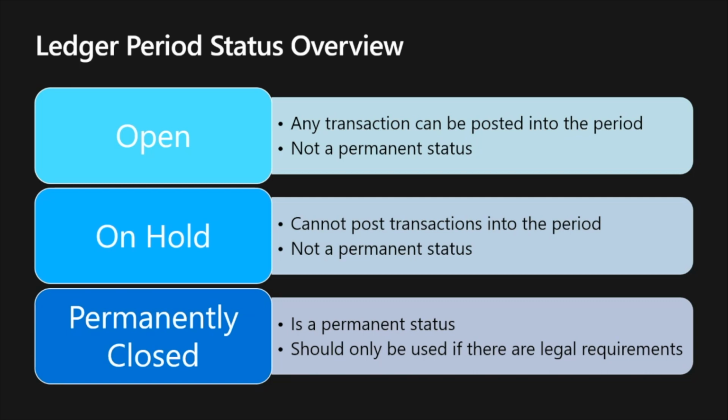One of the questions that came up yesterday was whether or not there is a workflow option or an approval option around this. Out of the box, we don't have any workflows or approval options around selecting this option or changing the status of your periods.